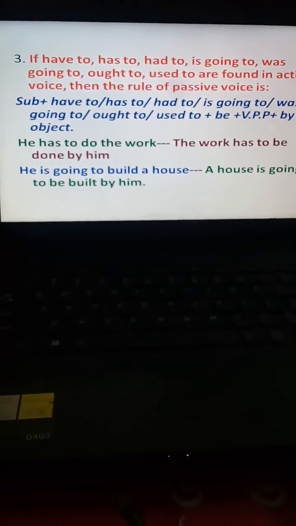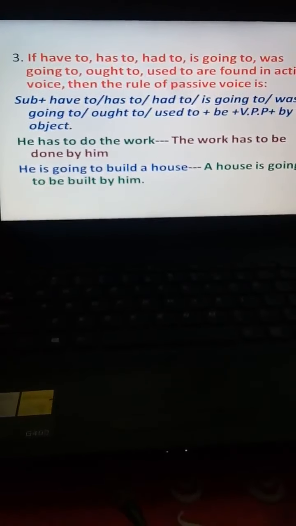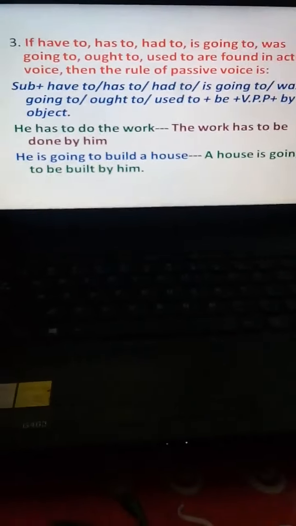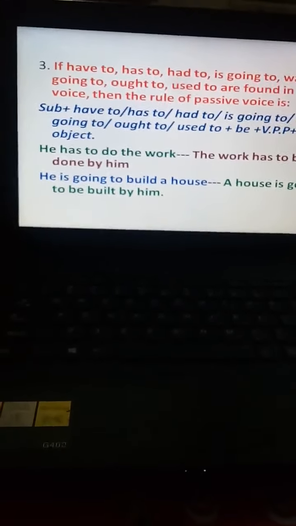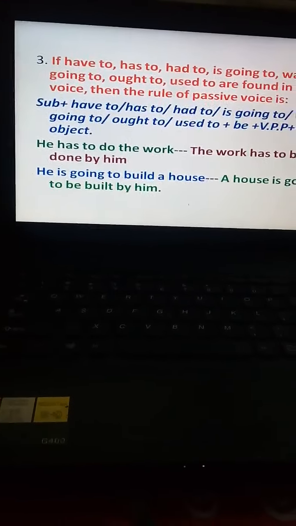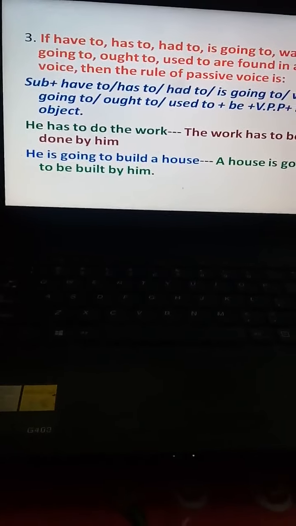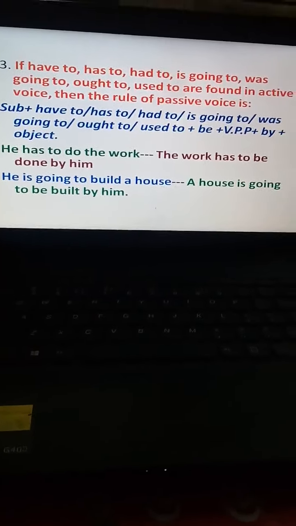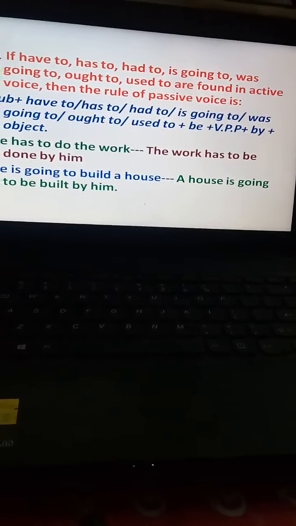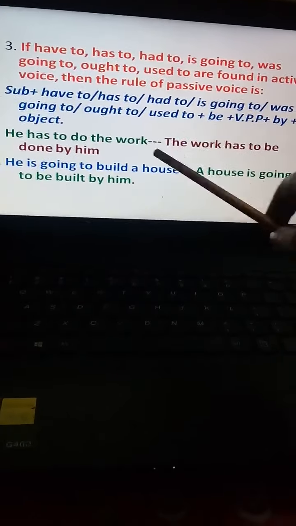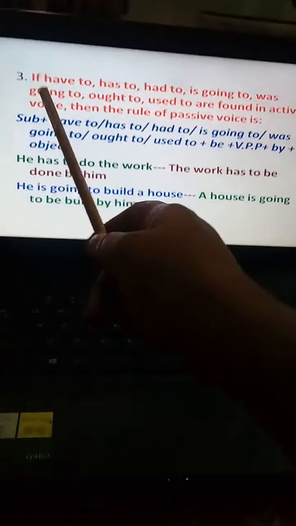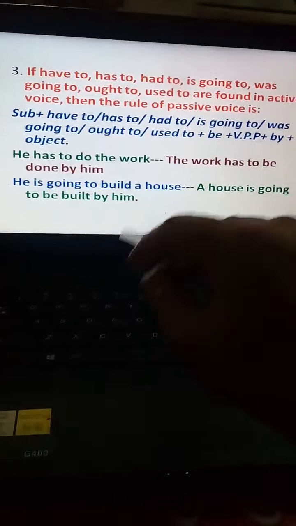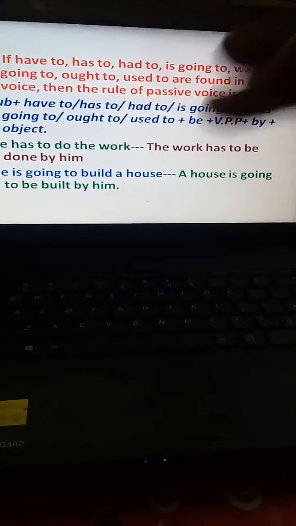And the third one is, sometimes you will find assertive sentences with have to, has to, had to, is going to, was going to, ought to. These phrases are sometimes used in the assertive sentence, and in that case the structure of the passive voice is: subject. Here you can change the subject and object.